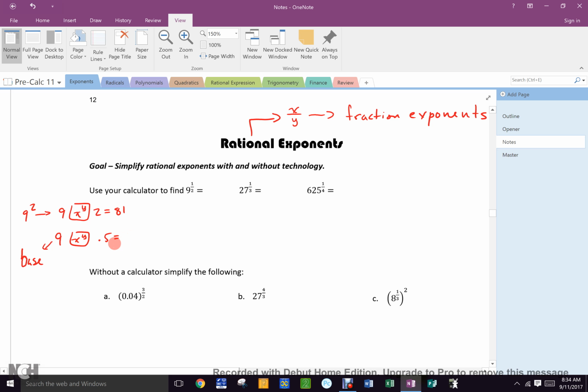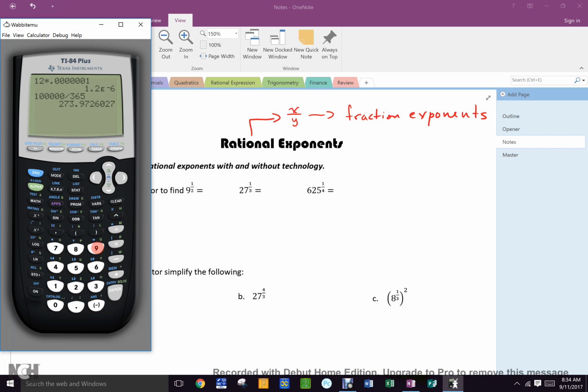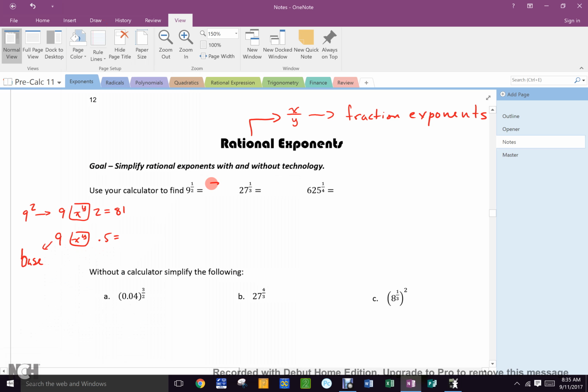Of course, you don't need to get out your calculator because you've all done this before, right? I would be much happier if you got your calculator out for the middle one. So this first one I'm not going to waste a lot of time with because it works so perfectly. 9, x to the y, 0.5, enter. Oh, and it's 3. Okay, you all knew that. You all remember that. It's 3.